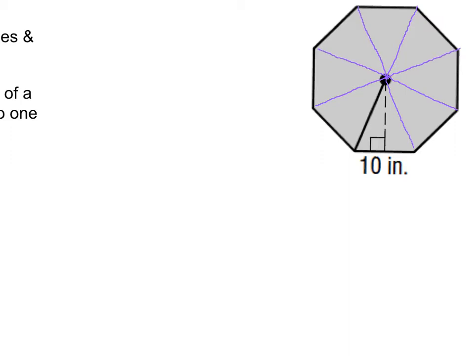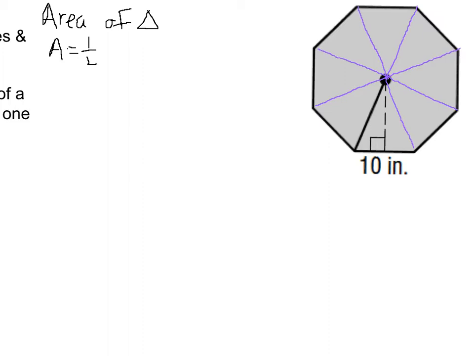And then I'm just going to find the area of each of those triangles. And so we remember that the area of a triangle, we should know that formula. A is equal to 1/2 base times height.